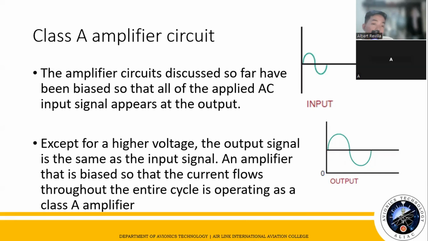In a Class A amplifier circuit, the amplifier circuit has been biased so that all of the applied AC input signal appears in the output signal. So, except for higher voltage, the output signal is the same as the input signal. So, an amplifier that is biased so that current flows through the entire cycle is operating as a Class A circuit.